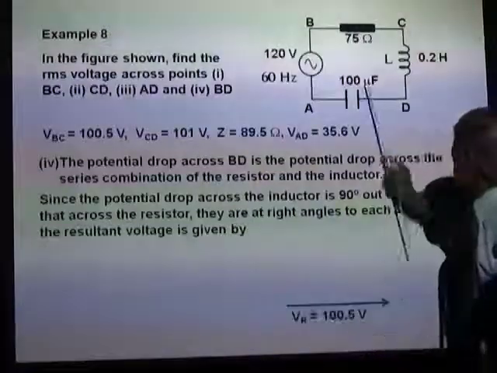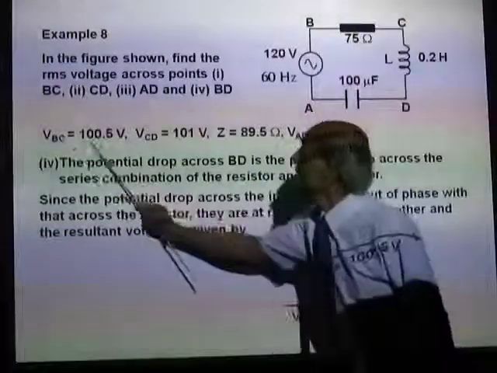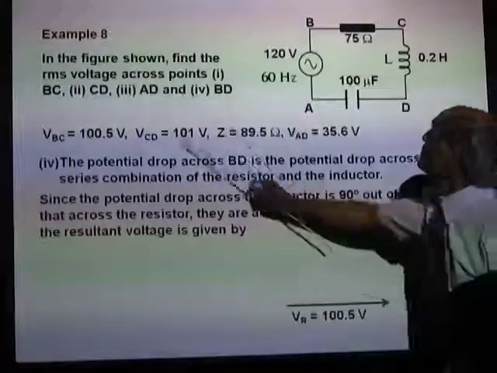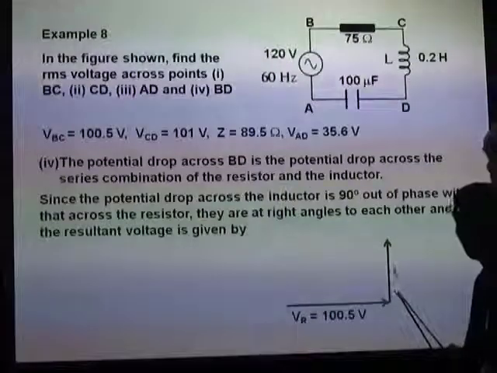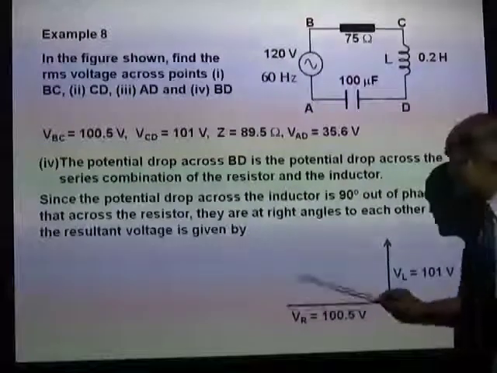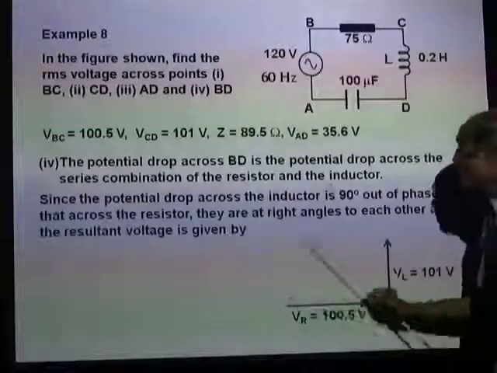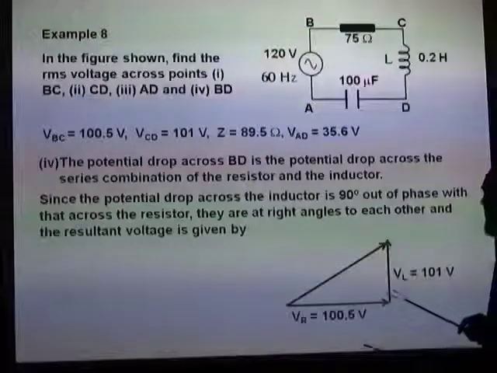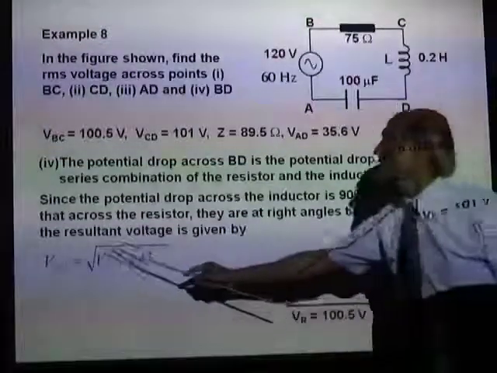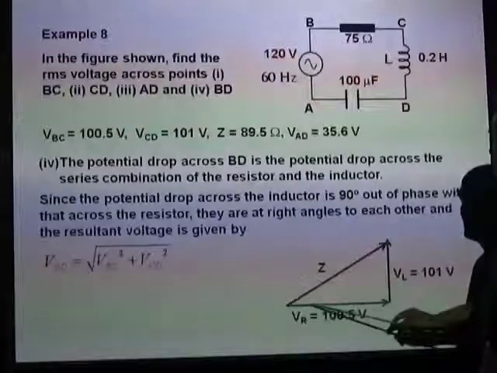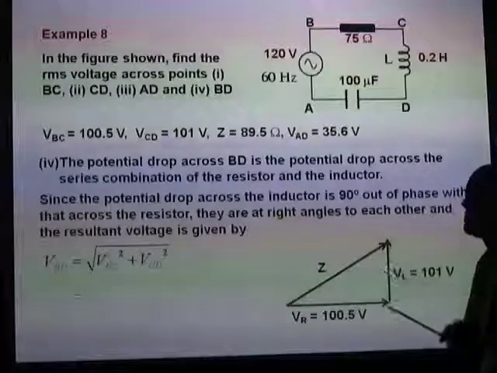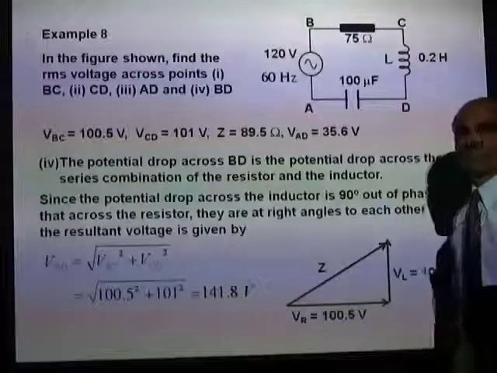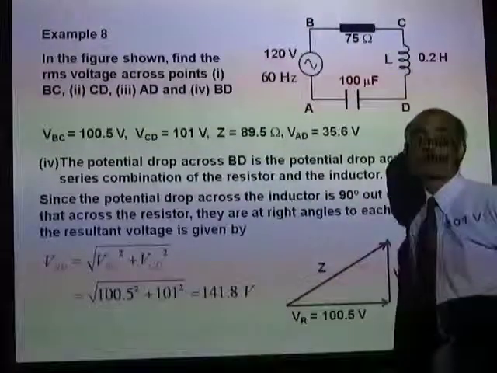That is the potential drop across the resistor we calculated. And the potential drop across the inductor, we know VCD is 101 volts. And these two are at right angles. Therefore, the potential drop across BD will be the resultant there. And VBD will be the square root of VBC squared plus VCD squared, and that will be 141.8 volts. I think you probably need to look at this one more time.